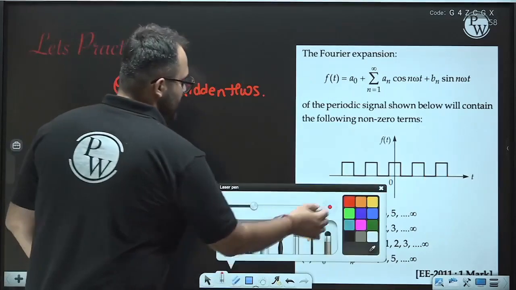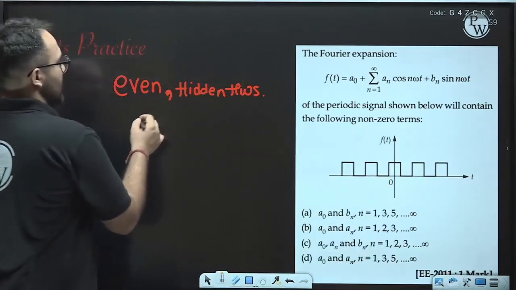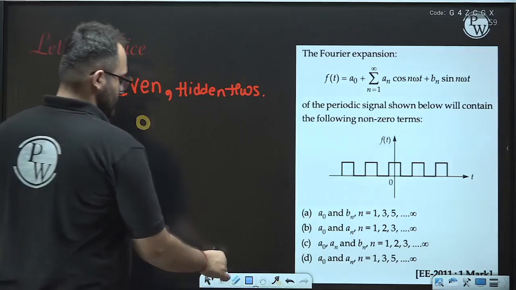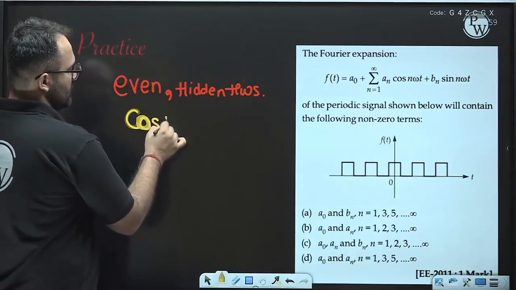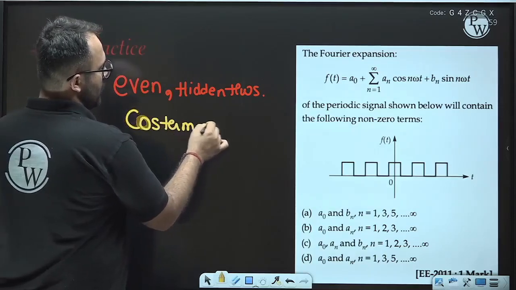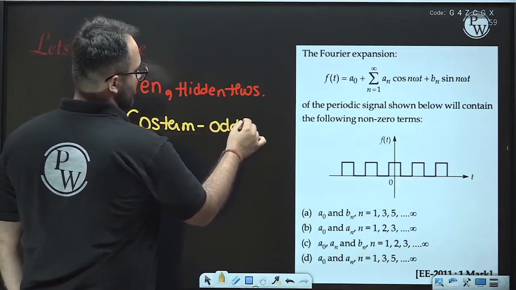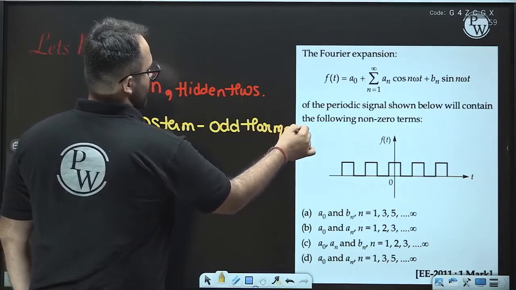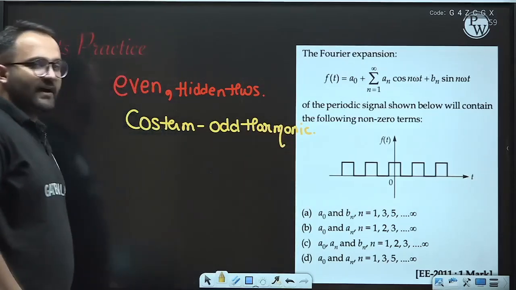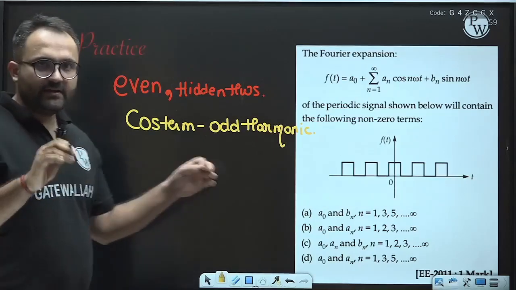So since it is even and has half wave symmetry, it will have cos terms, that too odd harmonics. So odd harmonics, cos terms, and an average value.